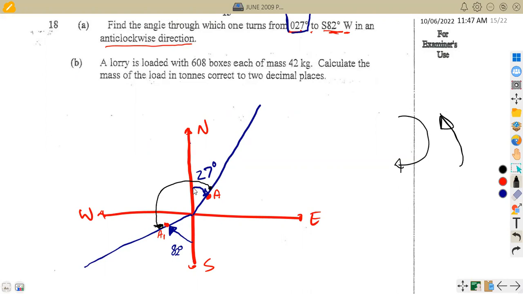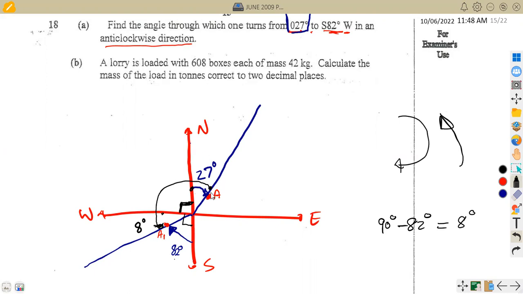So remember, from this point to this point is already 27. From this point to this point, from north to west, it's 90 degrees. We just need to know the remaining part of this angle here. Remember, this is 82. The whole of this angle was supposed to be 90. So you subtract 90 degrees minus 82 degrees, which gives us 8 degrees. So there is a remainder of 8 degrees here.